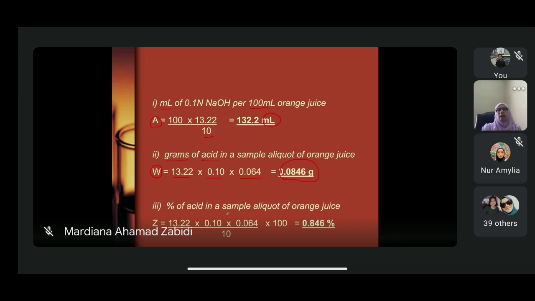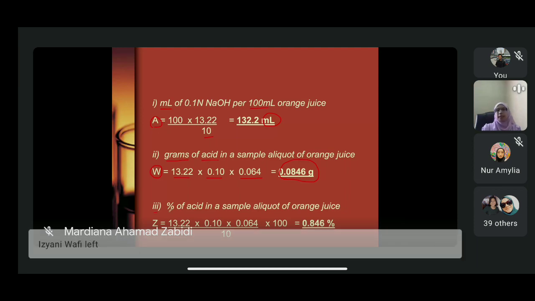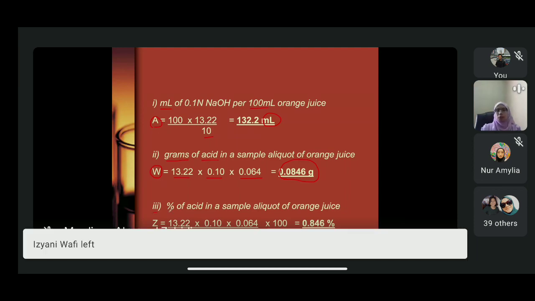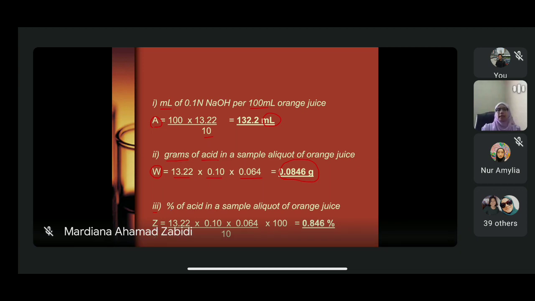Okay? Alright, and then the third expression, this one will be the percentage of acid in a sample aliquot of orange juice, represented by Z. The value of Z is 13.22, which is the volume of sodium hydroxide being used to neutralize the acidity, times by 0.1, the normality of sodium hydroxide, times by the milli equivalent factor for citric acid.